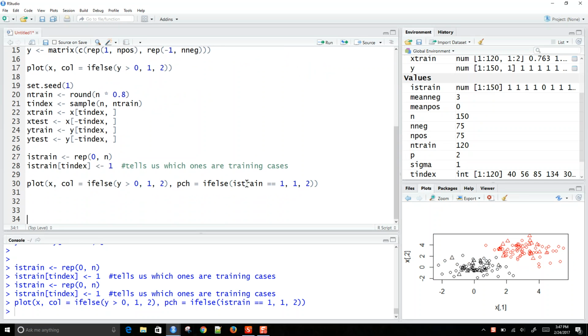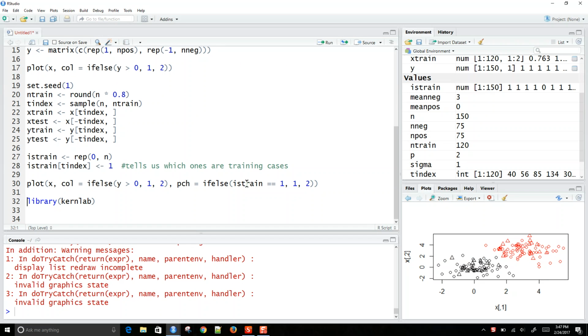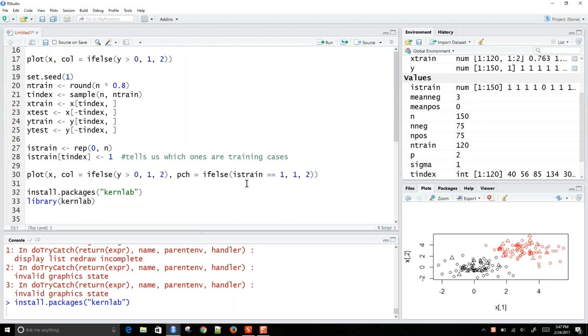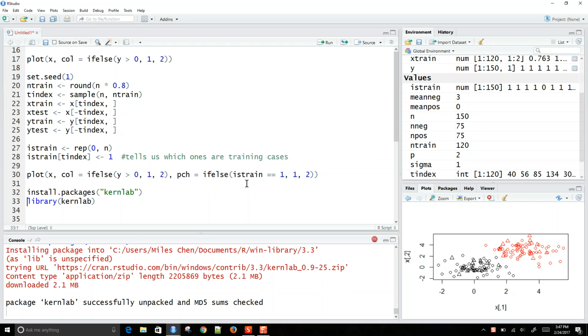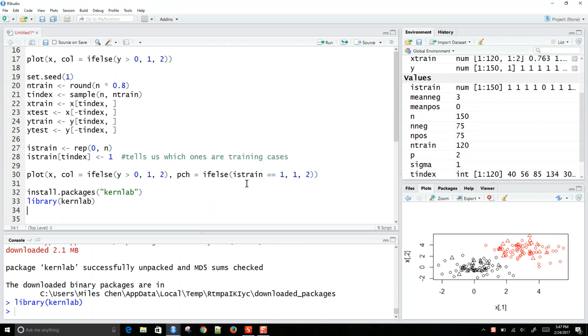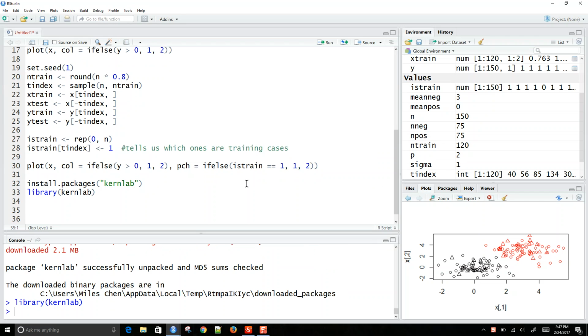Okay, and then now we have to load up this library called kernlab. Oh, shoot, I forgot to install it over here. Kernlab. Okay, so we'll load that up, okay? And then we're going to use svp.